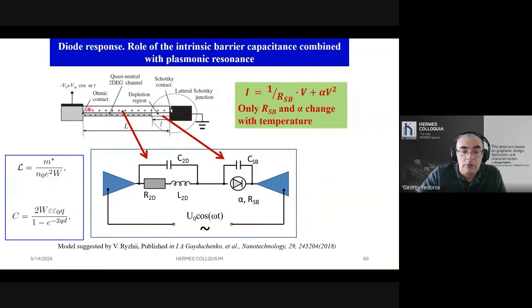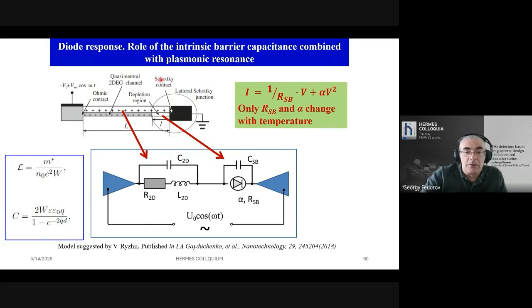So if you solve the hydrodynamics and equation of motion within the Drude approach, you get plasma waves as solutions to the equations. And that means that the channel by itself operates not just as a resistor, but it has intrinsic inductance and capacitance. Inductance is actually a kinetic one. It's related to the kinetic energy of charge carriers for a given current. But there is capacitance that actually comes from plasmons.